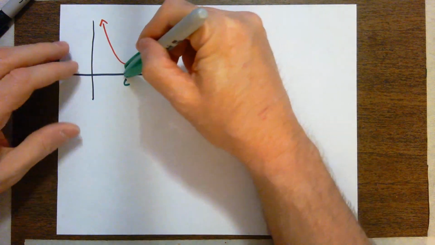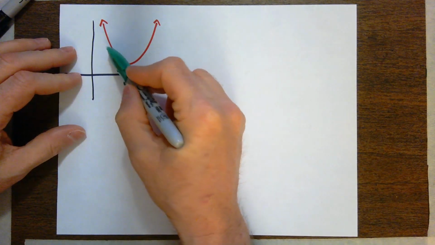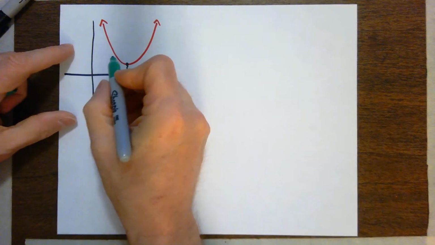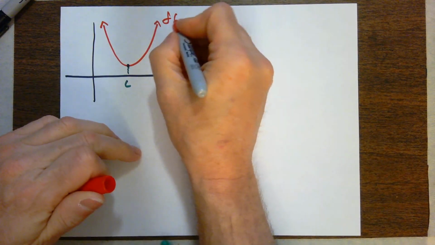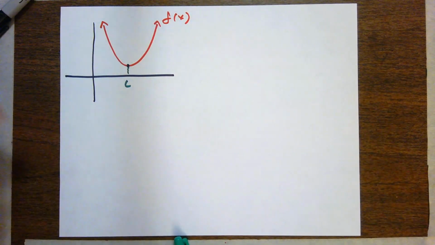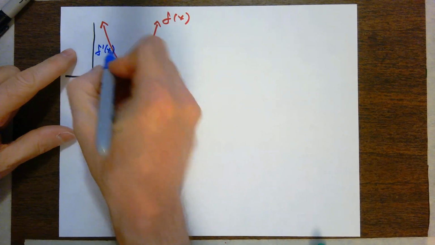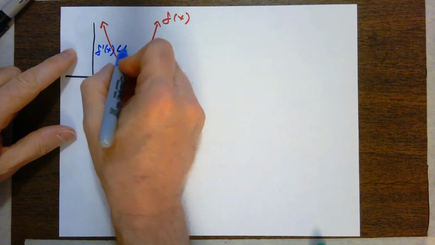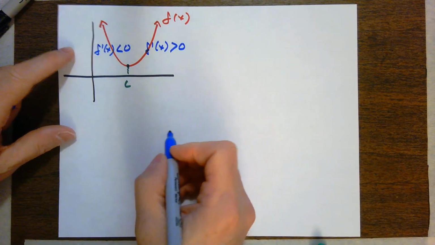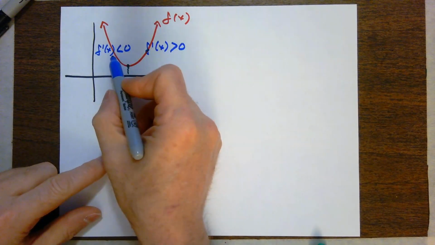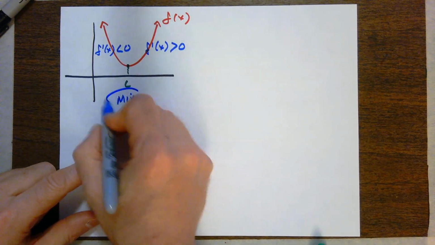So at C, the slopes of the tangent lines, the first derivative, is changing from negative to positive. If this is my original function f of x, on this side the derivative of f of x is less than 0, and on this side the derivative is greater than 0. Negatively sloped lines, positively sloped lines. I've got a minimum value right here.